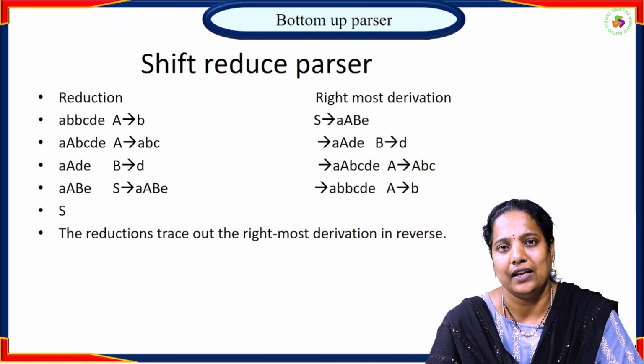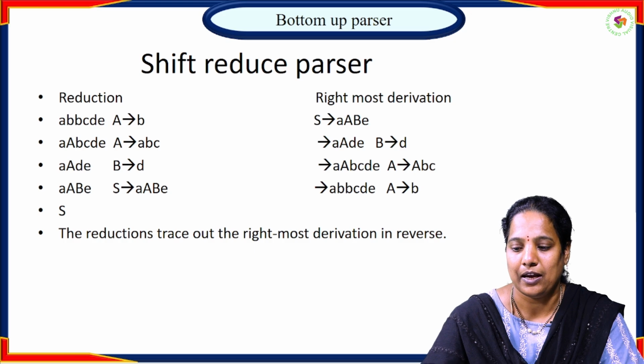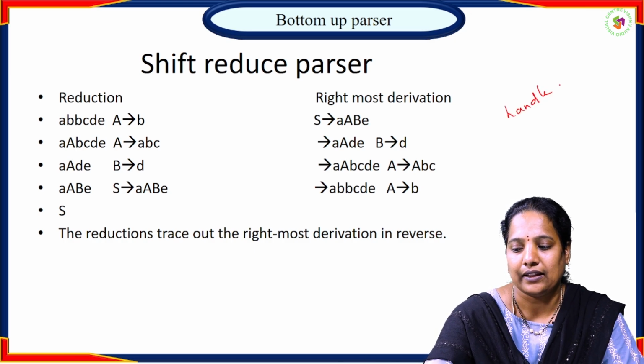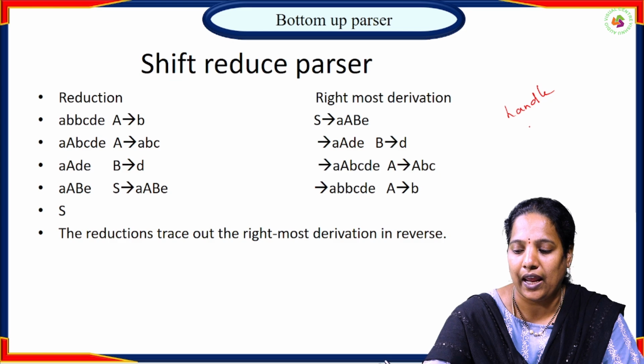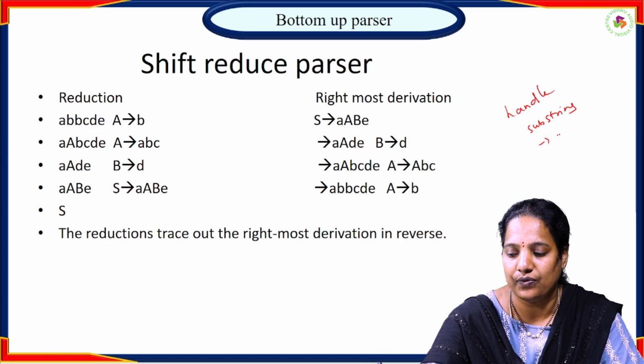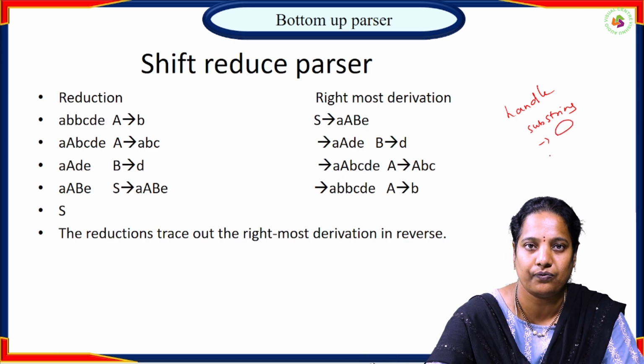Here, the handle is what is going to be implemented. For the handle, we need to take a substring that matches the right hand side of a production. We have a set of productions.